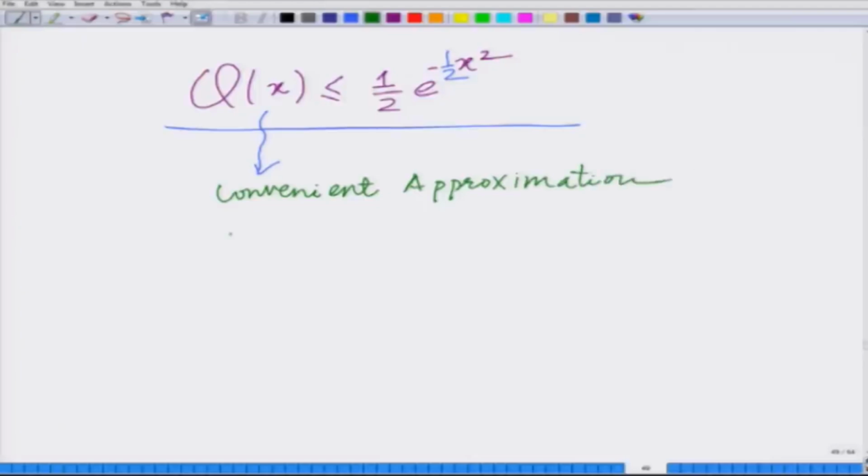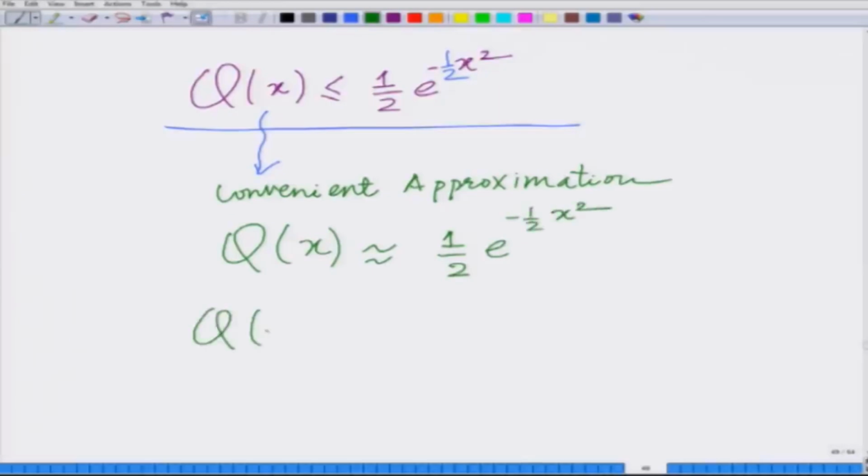And therefore, we will frequently use the approximation Q of x is approximately equal to half e to the power of minus half x square. Therefore, our bit error rate, which is Q of square root of SNR, will approximately be half e to the power of minus half square root of SNR square, which is simply SNR.